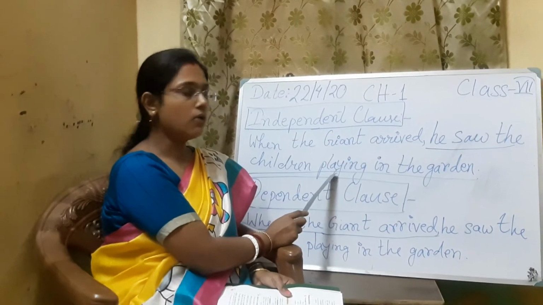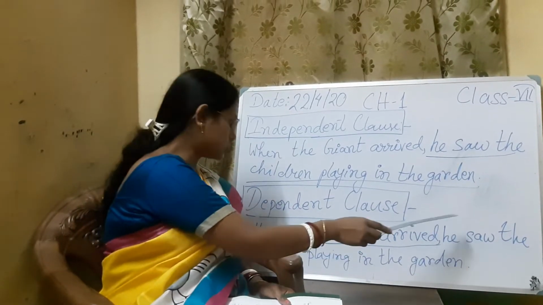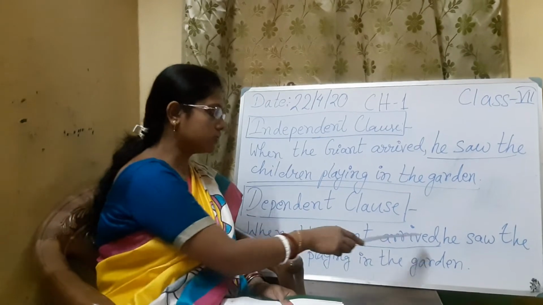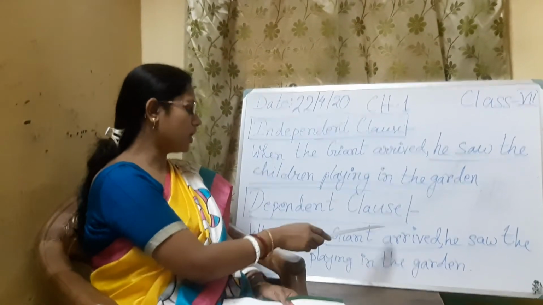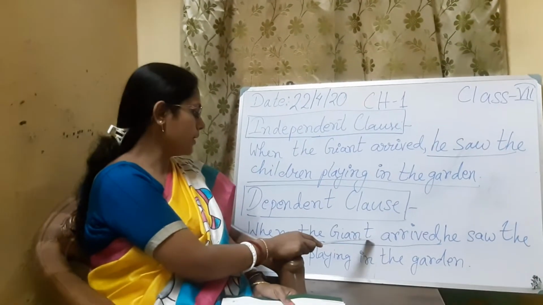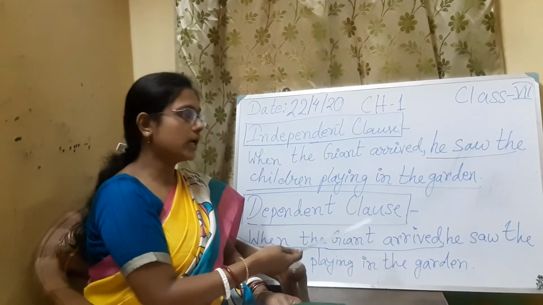Now what is a dependent clause? When the giant arrived, he saw the children playing in the garden. Here I have underlined the first part of the sentence, that is, when the giant arrived. This first part which I have underlined is dependent. Why? Because when the giant arrived, what happened? We don't know.